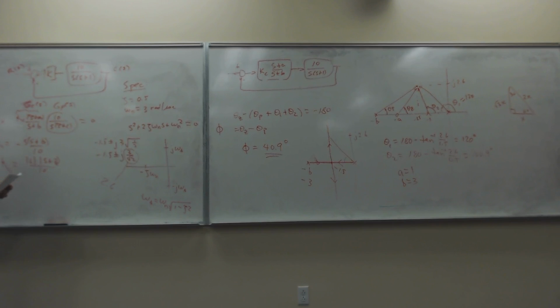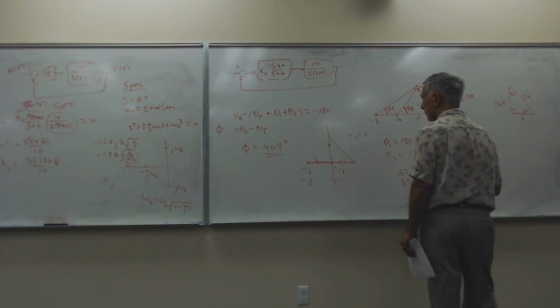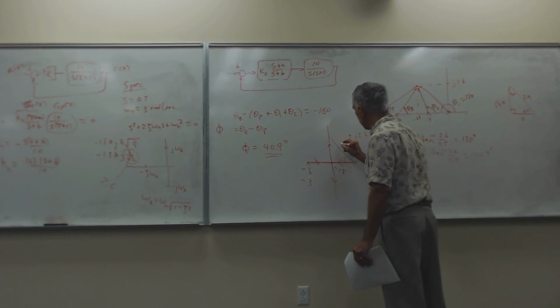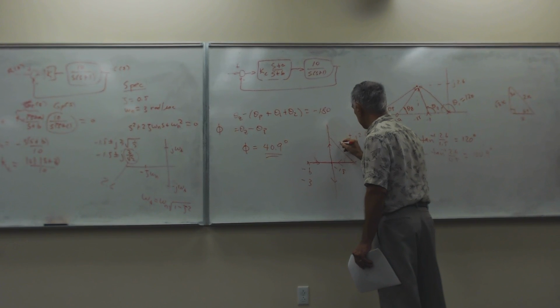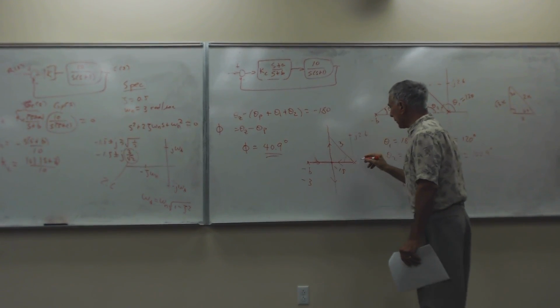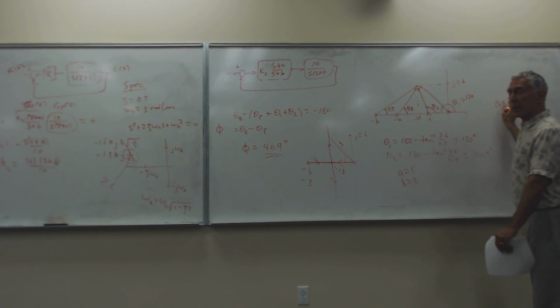So if you look at this here, this is 30, this is going to be 3. In other words, that's the 30, 60, 90 triangle there.